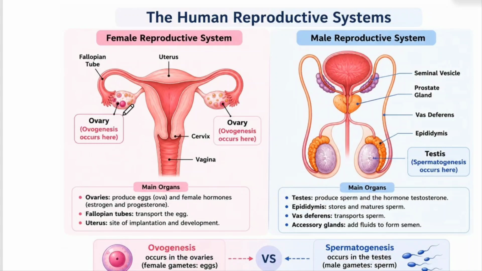Inside the ovary, the process called oogenesis takes place. This is a process by which an egg cell develops and matures.